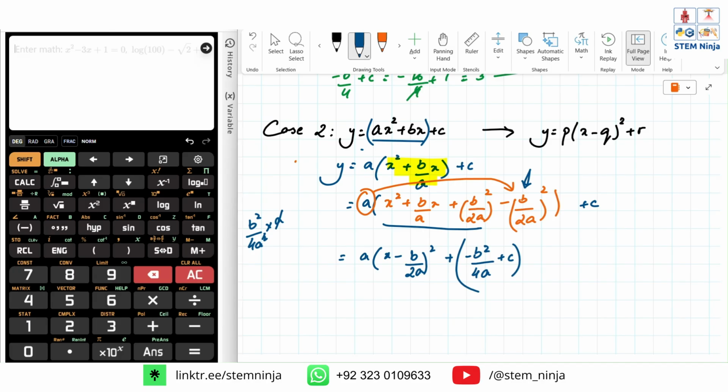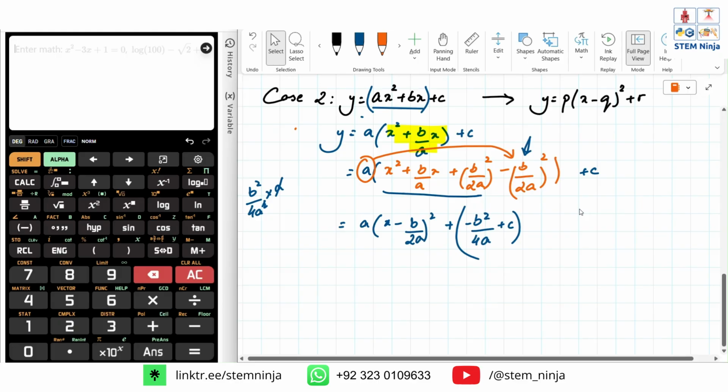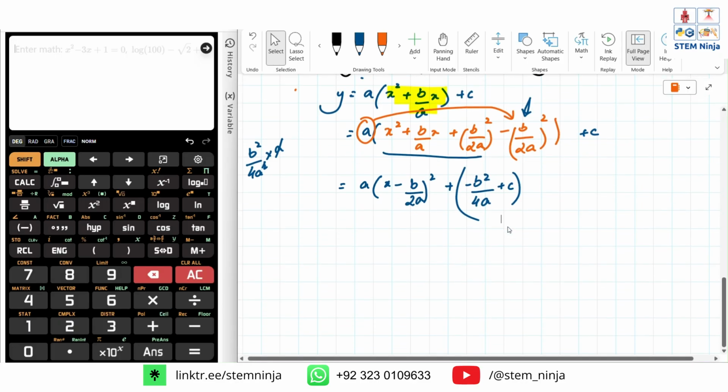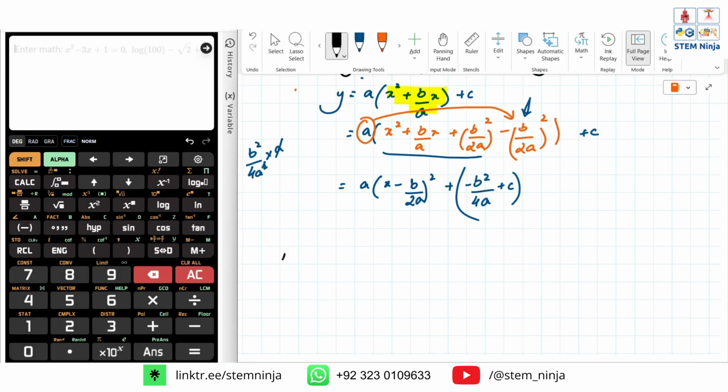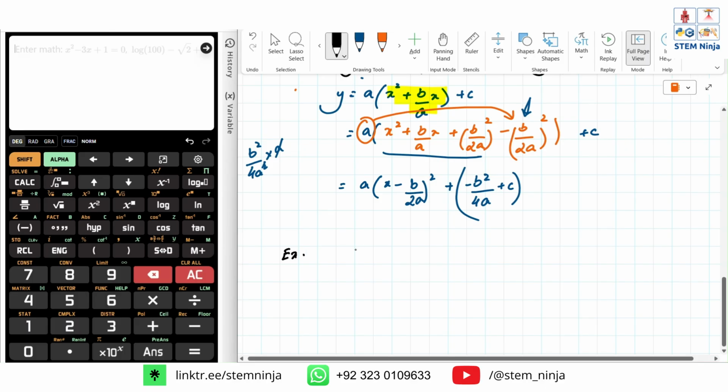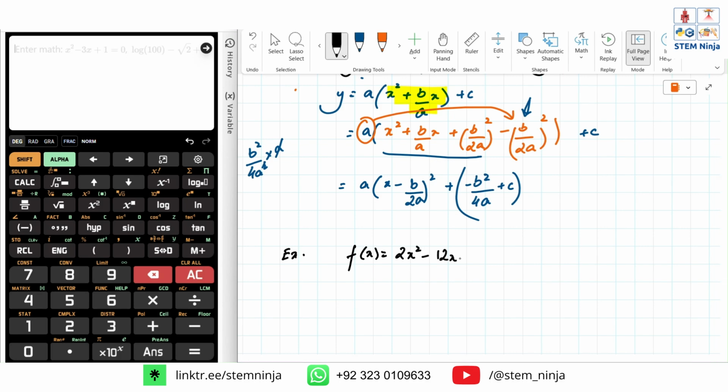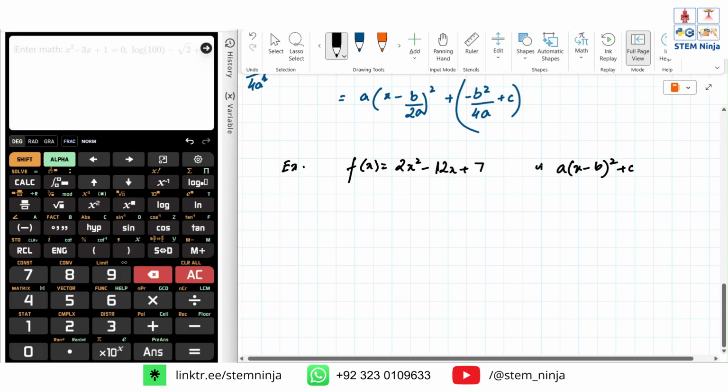So let's take an example. Let's say you have f of x equals 2x squared minus 12x plus 7, and we need to convert it into the form a(x minus b) whole squared plus c.